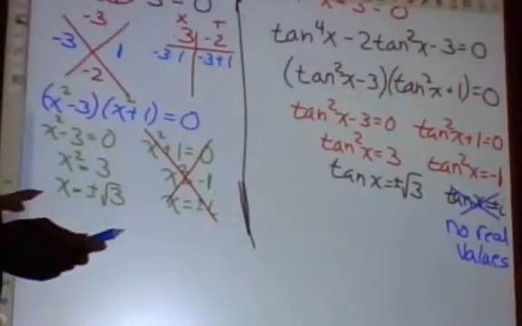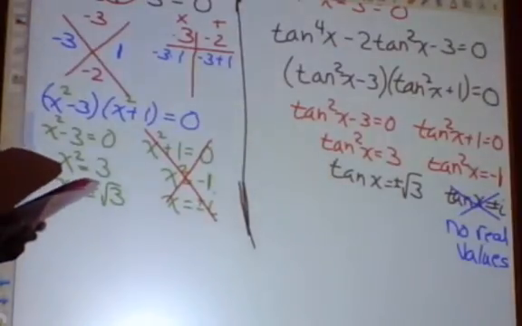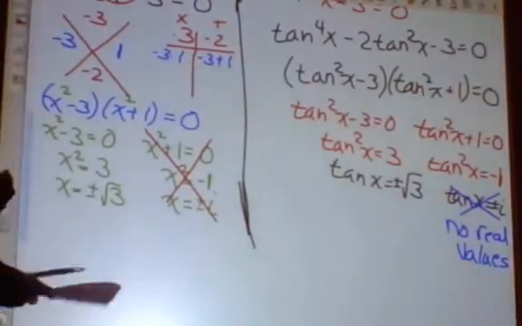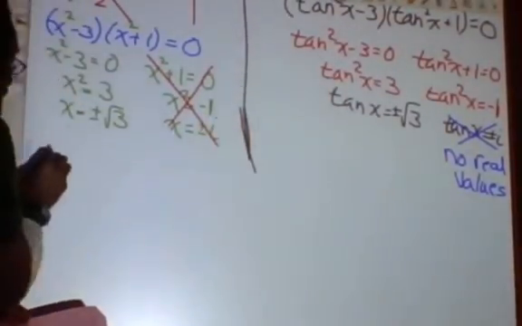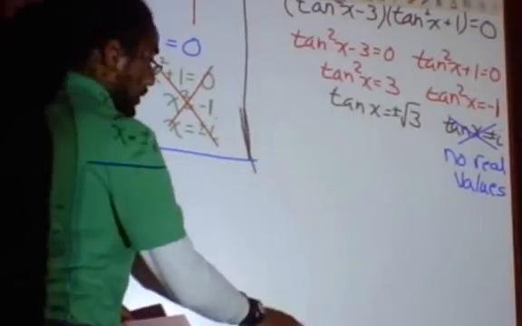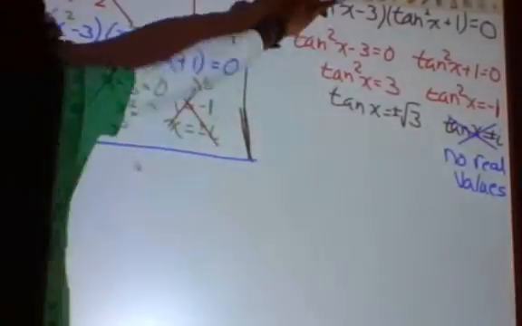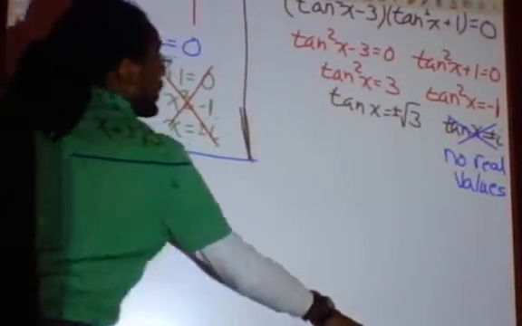But for the other one, we need to find out where are all the square roots of 3's, and then also where are all the negative square roots of 3's. So I'm going to go ahead and close this box off because we're done with it. And it helped us solve this out. And I guarantee you that if you understand how to solve it algebraically, you can solve it trigonometrically. So I'm going to rewrite this over here, and we'll break it apart.